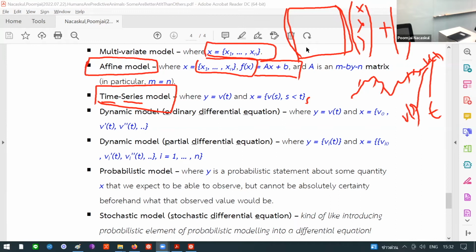Well, dynamic models means you're not having one X and one Y. X and Y are actually the same thing, but one is the quantity itself. The other one is the rate of change. The other one is the rate of change of the rate of change, right?